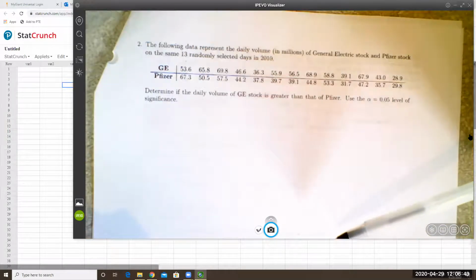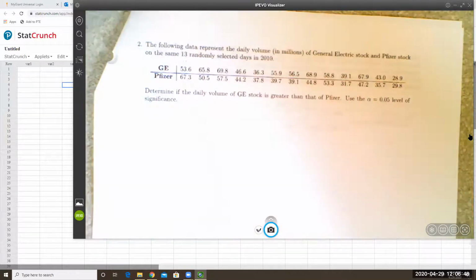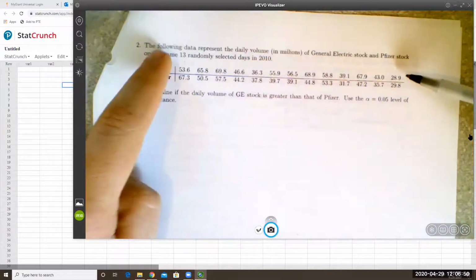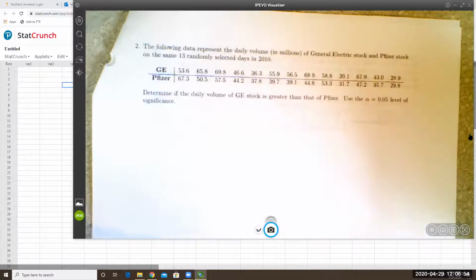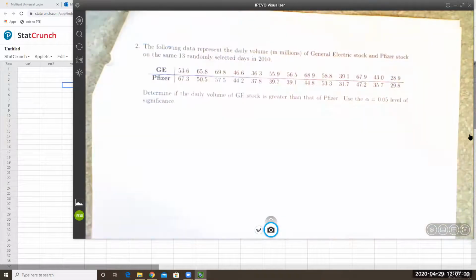So we can't do this on a day-by-day basis. We want to know if, on average, the GE stock has a greater volume than the Pfizer stock, right? We want to compare their averages, or in other words, their means. So we're testing means here, okay?